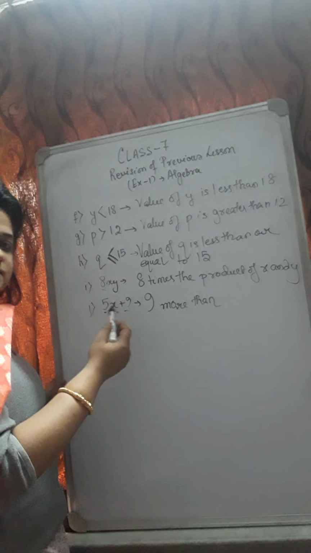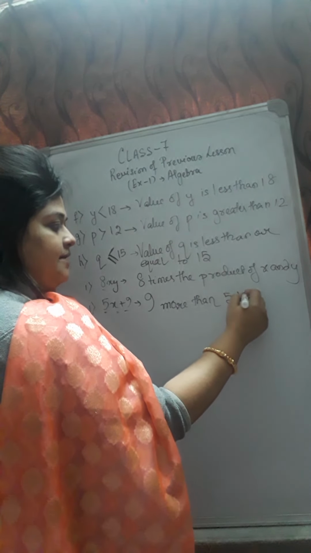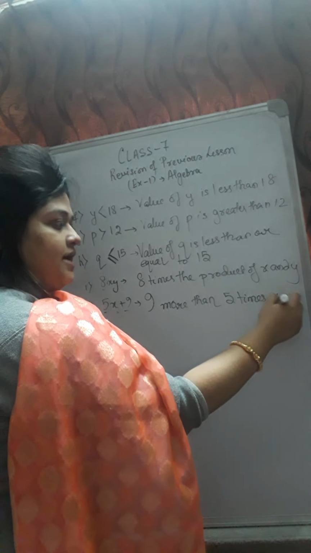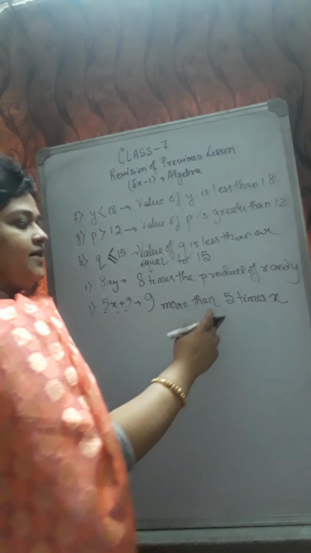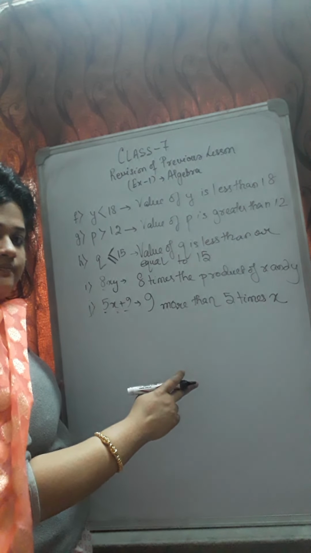So 5 times x. 9 more than 5 times x. I could have written 5x. I could have written the product of 5 and x. But what is the best thing?